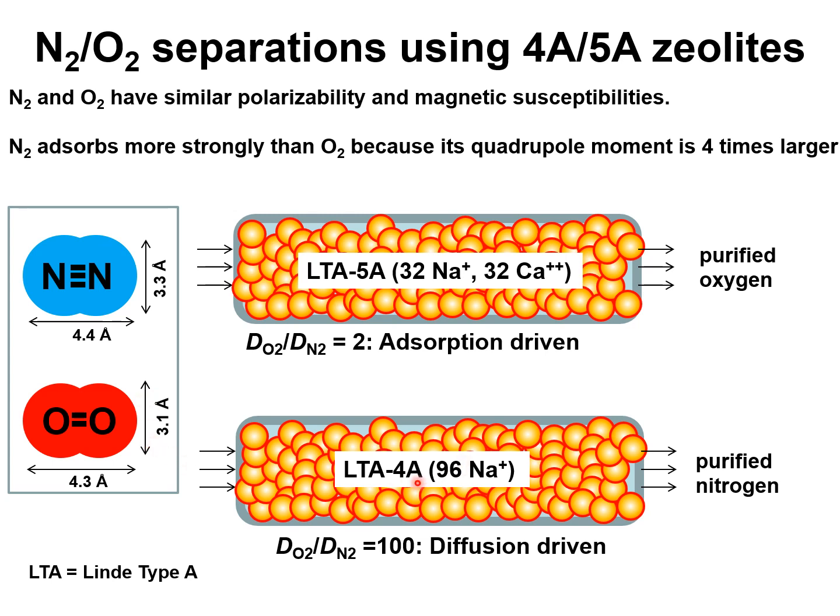In 4A zeolite, the windows are partially blocked, and the ratio of diffusivities of oxygen and nitrogen is significantly higher, 100. The separation between oxygen and nitrogen is dictated by the diffusion selectivity, and oxygen is predominantly occupying the pores.